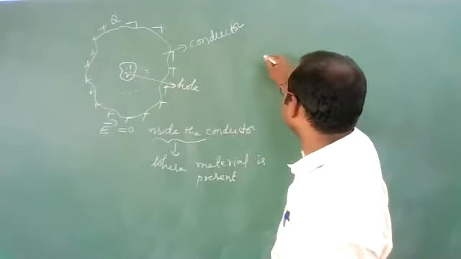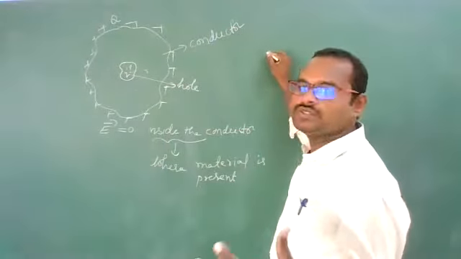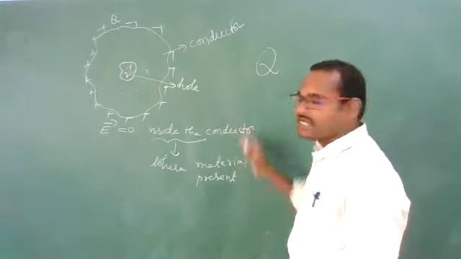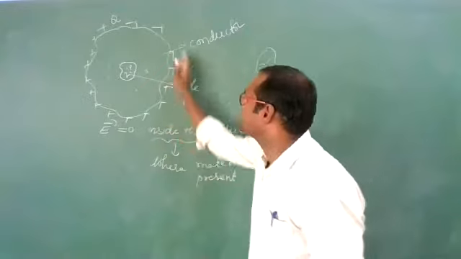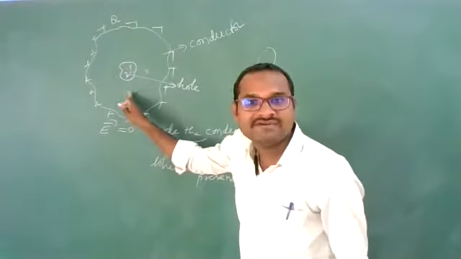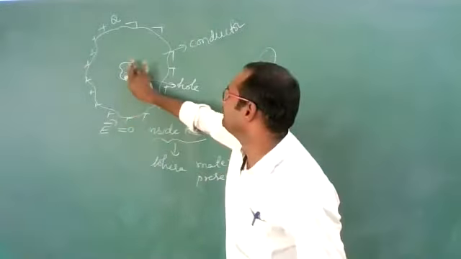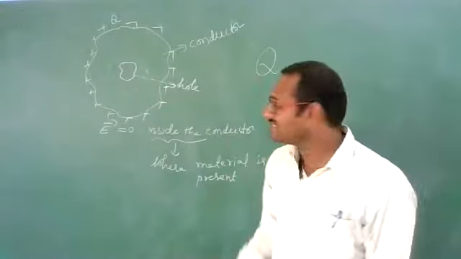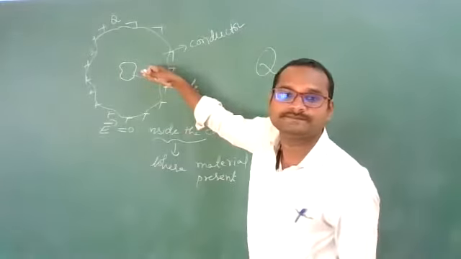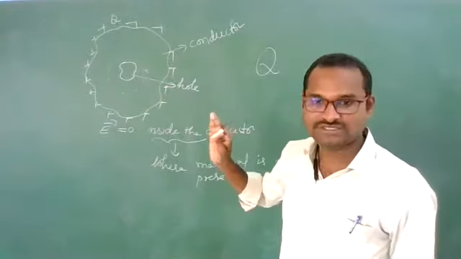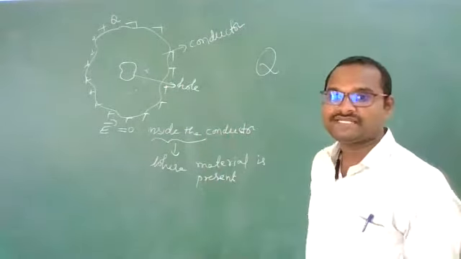If you keep any huge magnitude of charge outside, there will be some effect only on the charges present on the surface of the conductor. Inside, there will be no effect. The electric field will be 0 because electric field lines cannot pass through the material of the conductor. This property we call electrostatic shielding.